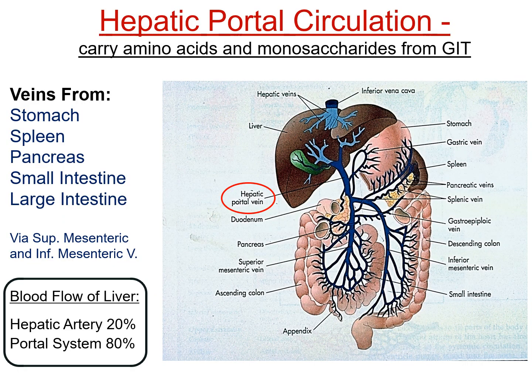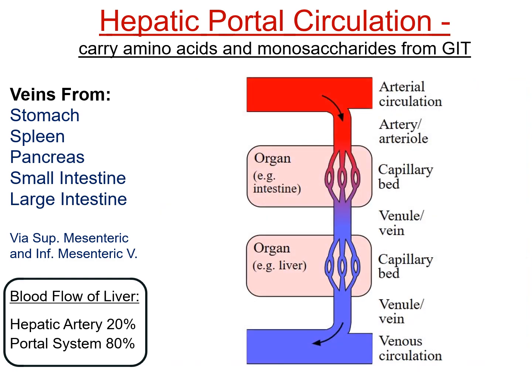So when we digest food and it's being passed through the small intestine and then into the large intestine and eventually out, what happens is after absorption, that blood generally flows through what's called a hepatic portal vein. Now, what does that mean? A portal system, let me back up for just a second.